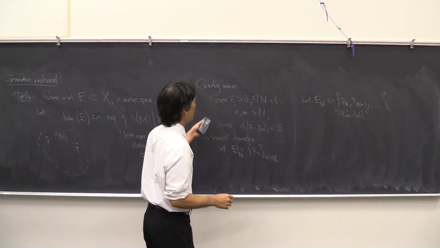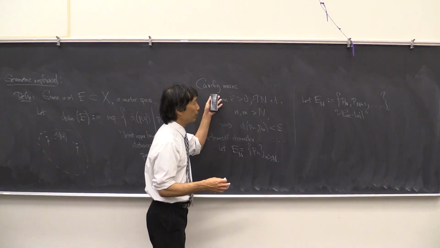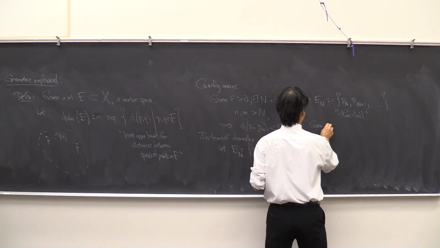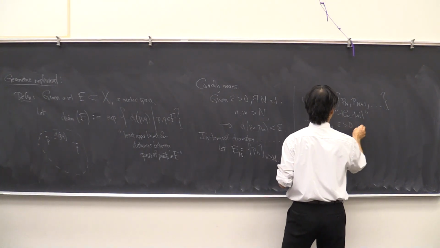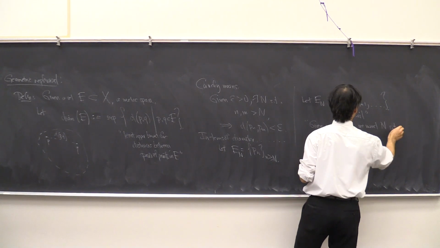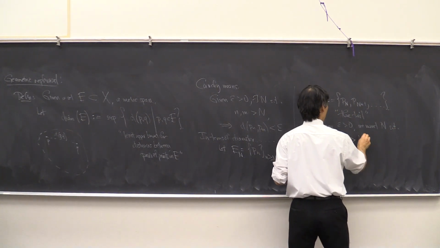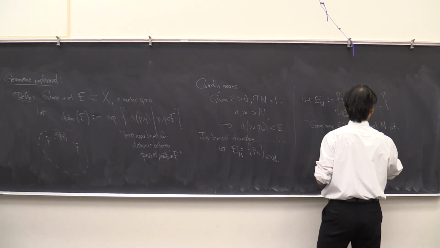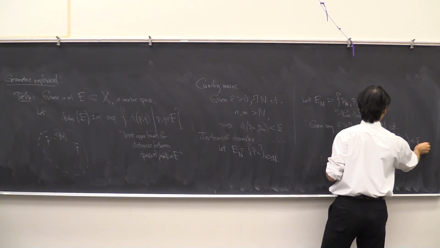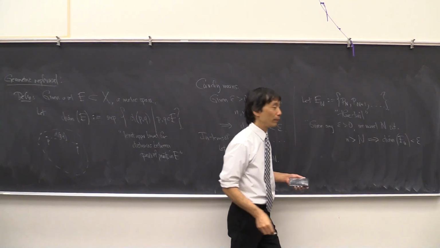Given any epsilon, we want n such that if you're past that point, then the diameter of E sub n should be smaller than epsilon.